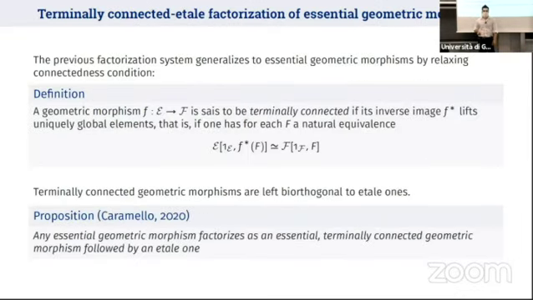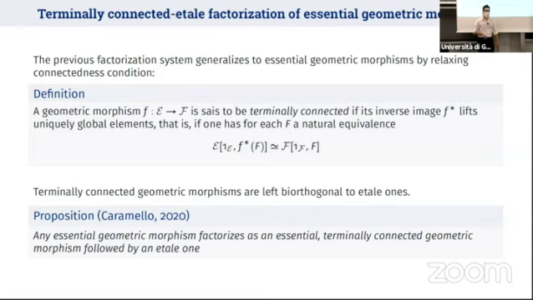Recently there was a generalization of this factorization system to essential geometric morphisms, but you get this by relaxing the connectedness condition on the left. To do this, one introduces a class of terminally connected geometric morphisms, which are geometric morphisms whose inverse image part lifts global elements uniquely, which means that if you have a global element of the inverse image of an object, then it must come uniquely from a global element of this object.